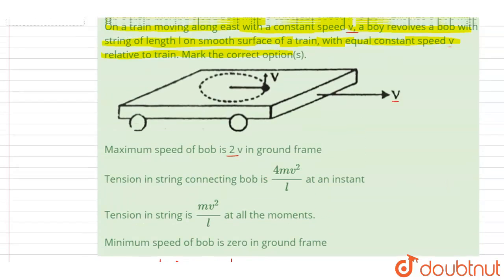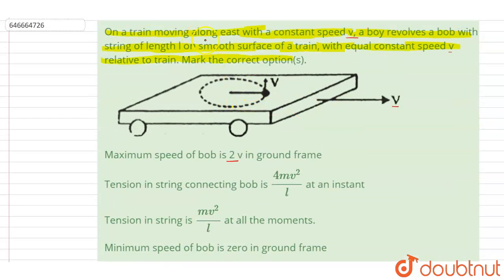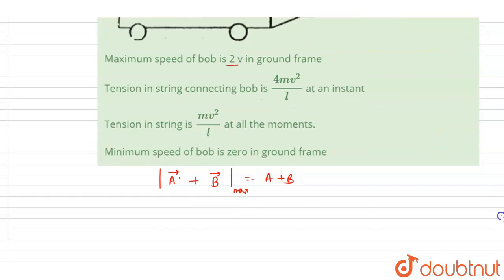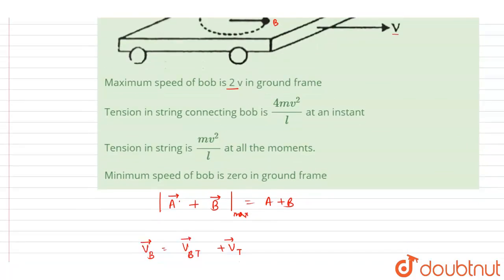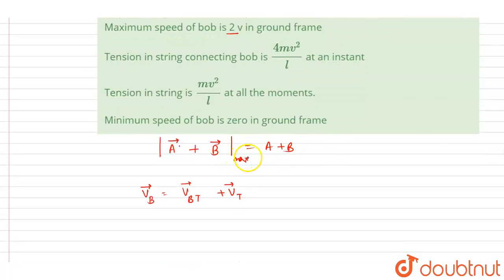So if I see here, this is the bob that is moving here and this is the trolley that is moving like this, right? The velocity of the bob with respect to the ground equals the velocity of the bob with respect to the train plus the velocity of the train. As I already said, when the two are parallel, the magnitude will be maximum.